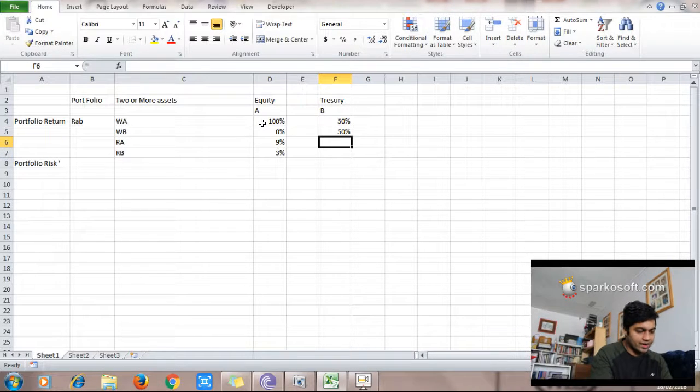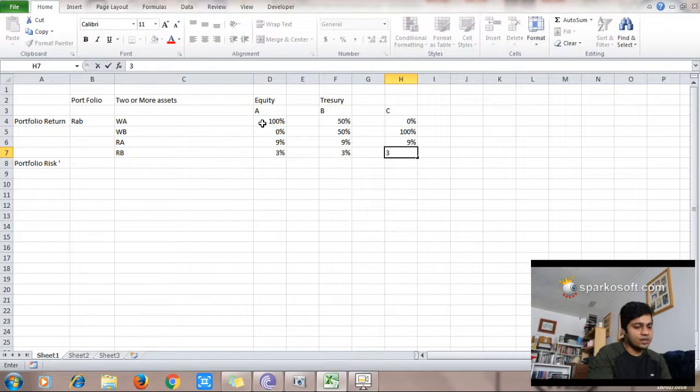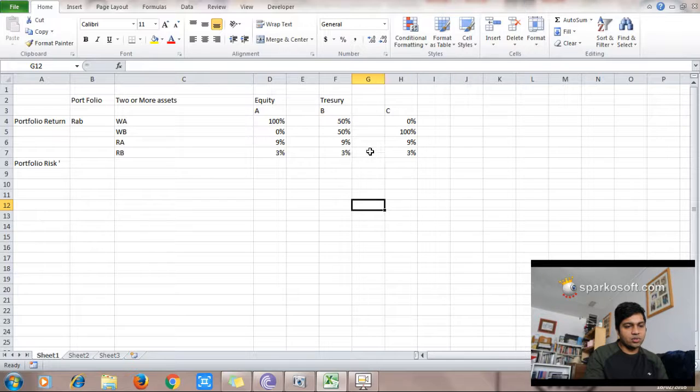Returns from equity are 9% and from treasury 3%. And we are creating a third portfolio, C, that is 0% equity and 100% treasury. In this case also equity returns are 9% and treasury returns are 3%. So which portfolio will give you the highest return? The portfolio which has 100% allocation towards equity will give you the highest returns.